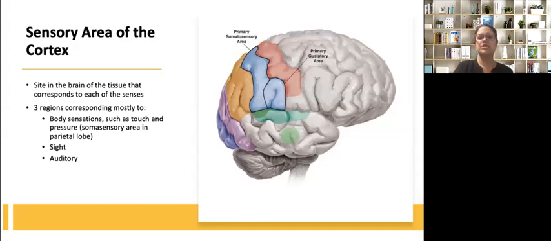Now, similar to the motor area, which we just talked about, that's in the frontal lobe, the same goes for the sensory area: the amount of brain tissue in the sensory area related to a particular location on the body determines how sensitive that location will or won't be.